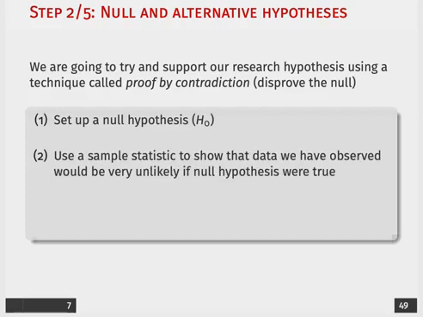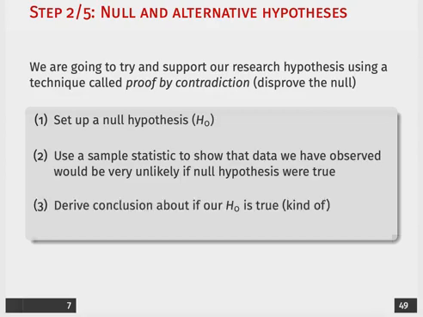In order to set up a null hypothesis, we're going to make a statement such that we think the relationship is equal to 0. There is no relationship. So if we find sufficient evidence to suggest that there is a relationship, that would overturn the null hypothesis. And we'll do this by using a sample statistic to show, again, that it's very unlikely that we would have observed the null hypothesis with this data.